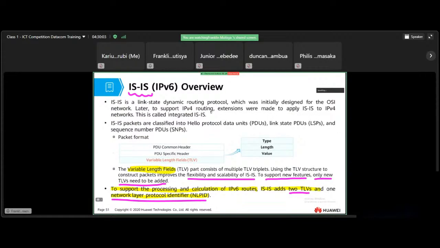Now let's look at ISIS for IPv6. ISIS is a link state dynamic routing protocol which was initially designed for OSI networks, but later it was upgraded to provide extensions for IPv4, and now IPv6.